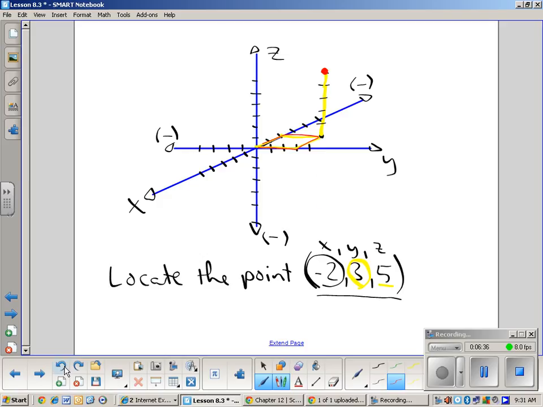Now, if we wanted to fill in the rest of the box, if I go up 1, 2, 3, 4, 5, I come over 3, I get that part of it. Do you agree? If I go back from there, the negative 2 on the x-axis, I get to there. If I do that same thing over here, oops, I went a little too far.